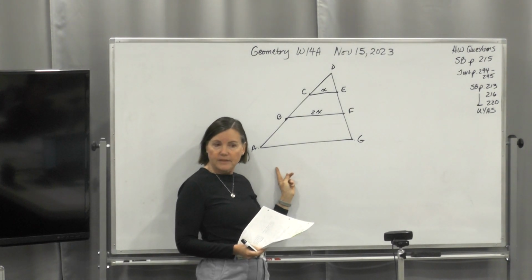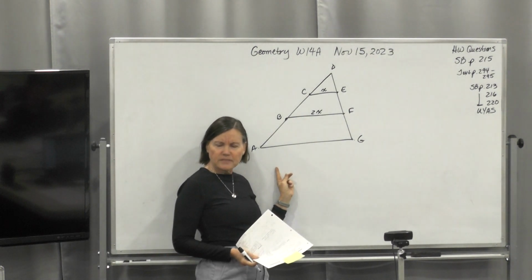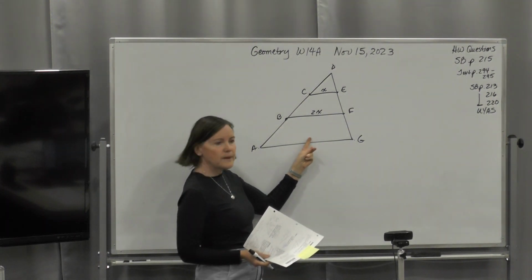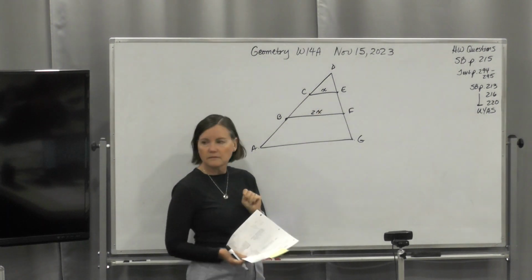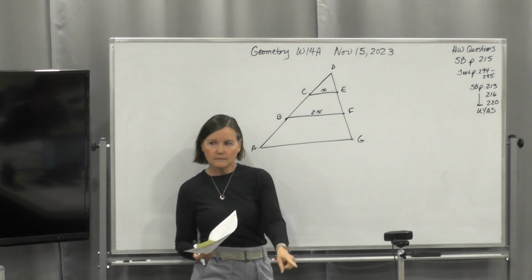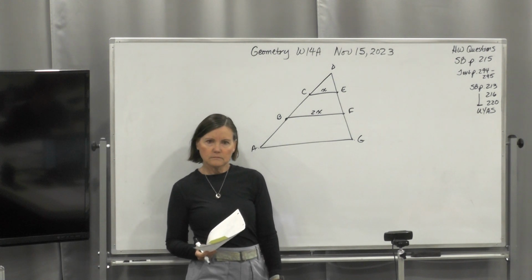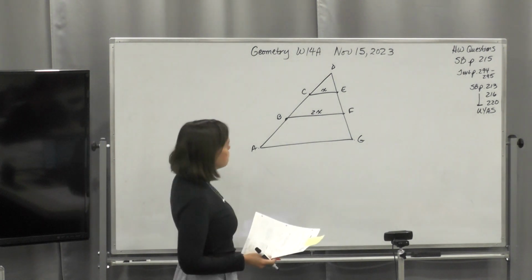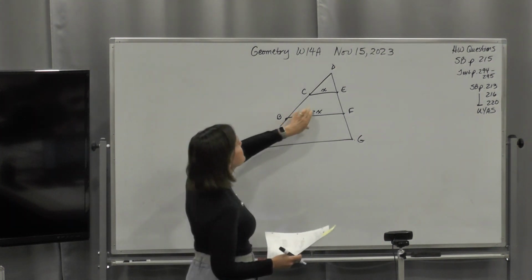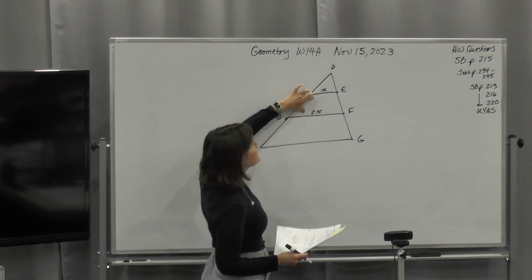If it's the mid-segment of a trapezoid, how could I get down to what this might be in terms of this? 2x minus x is just x. And so then you add x to 2x to make it 3x. I'm thinking whatever this distance is, it's an x.